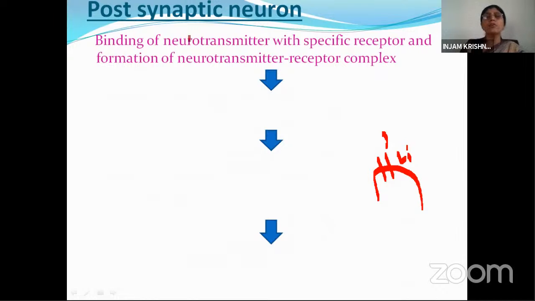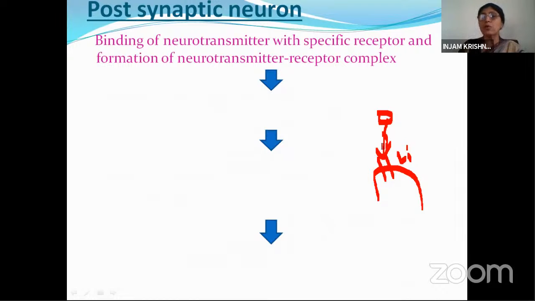So there is binding of neurotransmitter with a specific receptor, because ligand gated channels have a specific protein receptor, and formation of the neurotransmitter receptor complex. Here acetylcholine has been released and it reached this ligand gated channel. The ligand gated channel is a protein receptor.